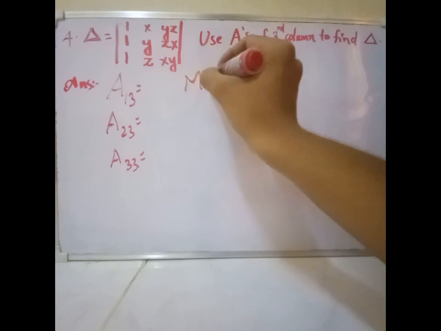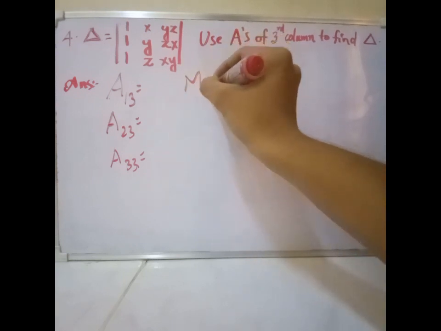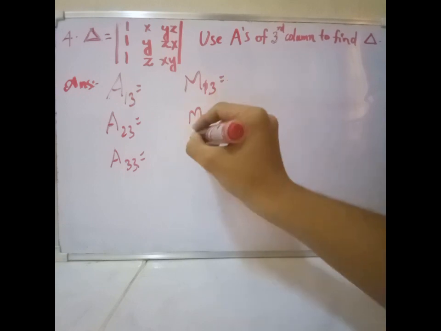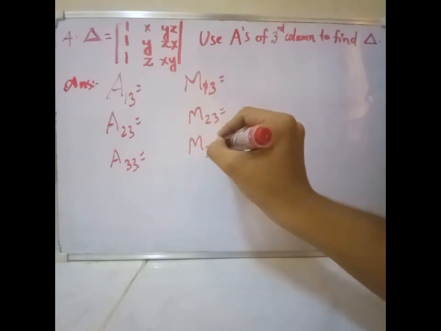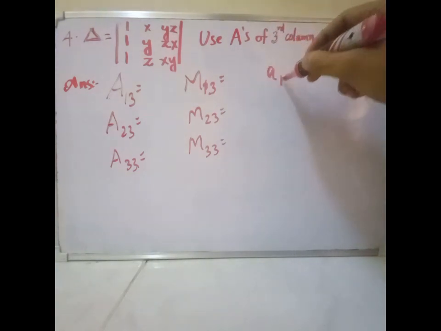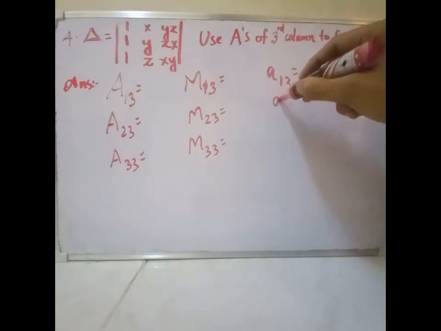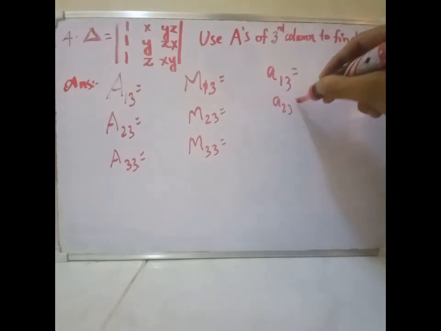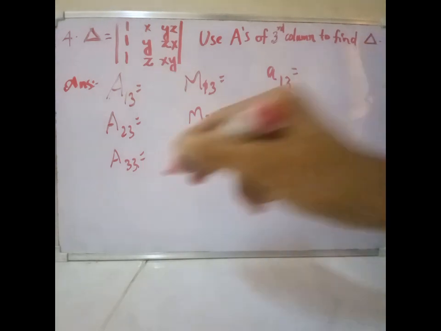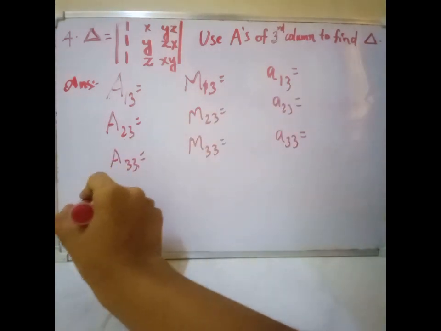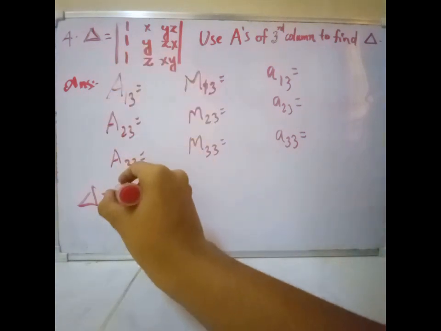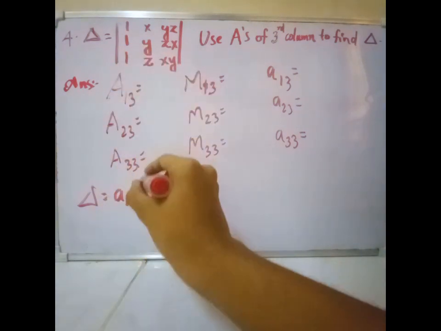So before we find that, we need to find out the minors also, M13, M23 and M33, and we have to use the normal elements also, small a13, a23 and a33. And to find the determinant, we have to multiply the corresponding elements with the corresponding cofactors.